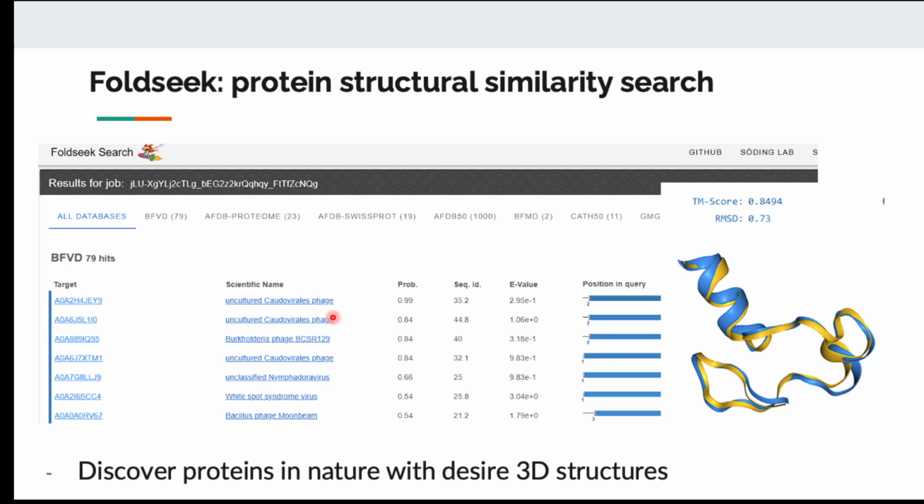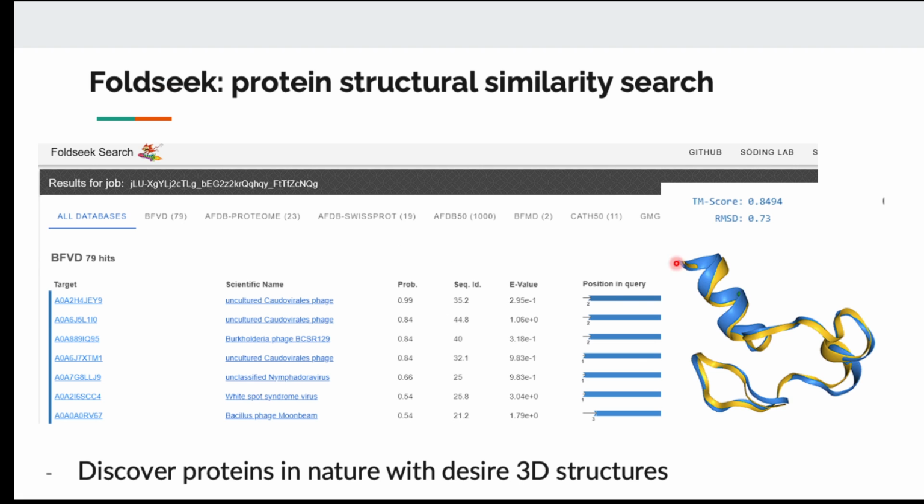But because protein function is dictated not by the sequence, but by the 3D structure, it would be a better idea if you have a protein sequence, you predict the 3D structure first, and then you use this 3D structure to search, not for protein with similar sequence, but for protein with similar predicted structure. Okay. So it will be a structure search instead of a sequence search. So FoldSeek is a tool where you can put in your amino acid sequence.